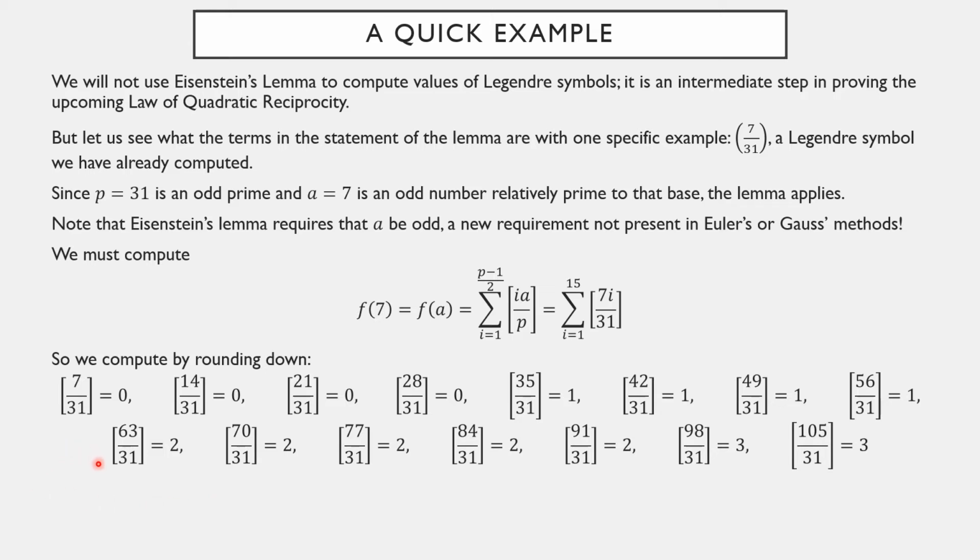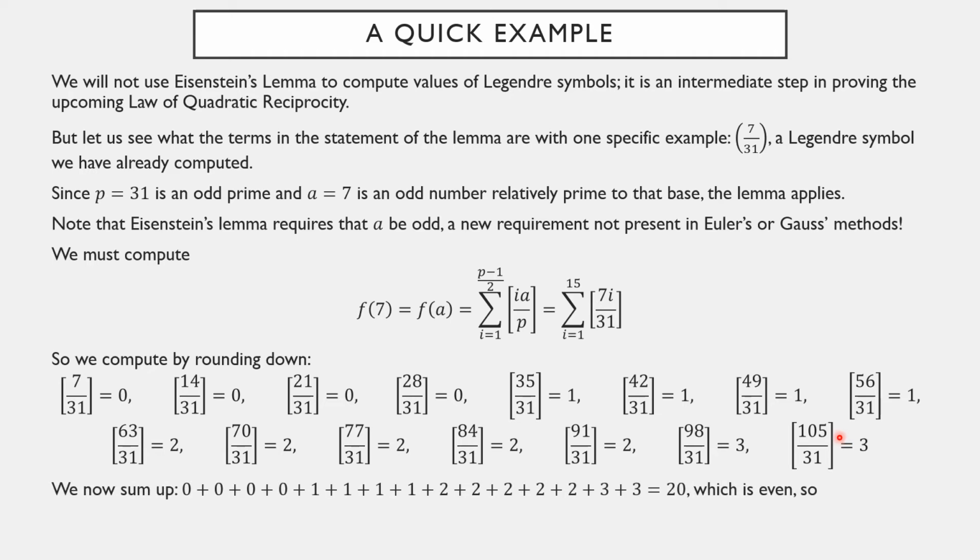63 over 31 rounds down to 2, and so do 70 over 31 and the next few terms, but 98 and 105 over 31 both round down to 3. And 105 over 31 is 7 times 15 over 31, so that's my last term in this sum. So the individual terms in this sum are 0, 0, 0, 0, 1, 1, 1, 1, 2, 2, 2, 2, 2, 3, and 3.